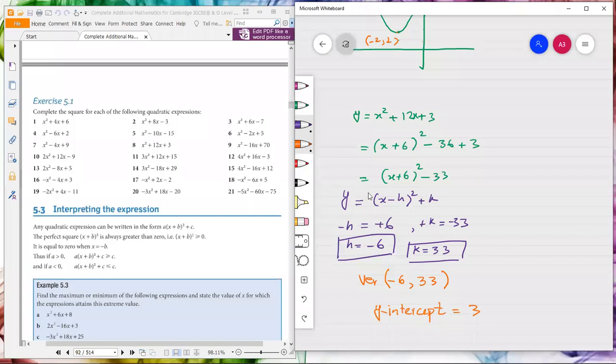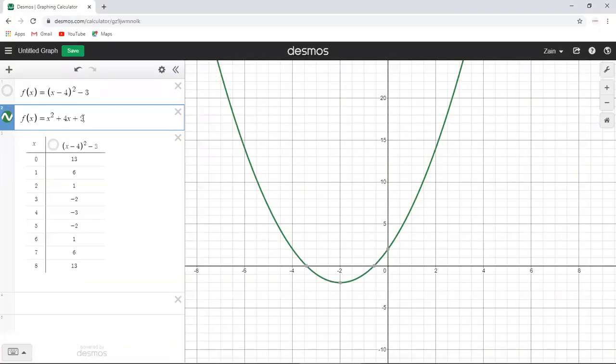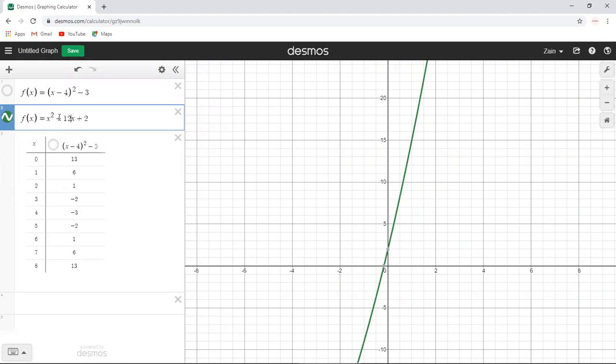I'm using Desmos software. x square plus 12x plus 3. This is the way we can draw the quadratic.